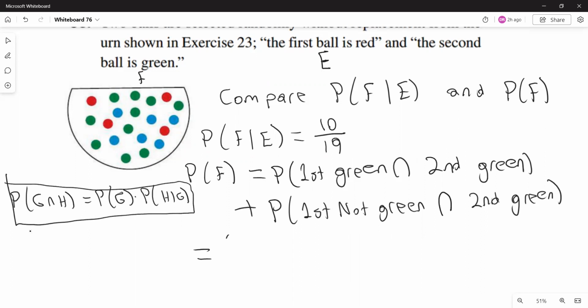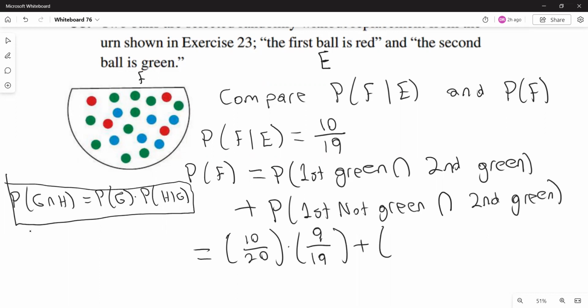So we have two case scenarios. The probability that the first ball is green is 10/20, times the probability that the second ball is green, given that the first was green. If the first one was green, there are 9 green balls left and 19 balls left.